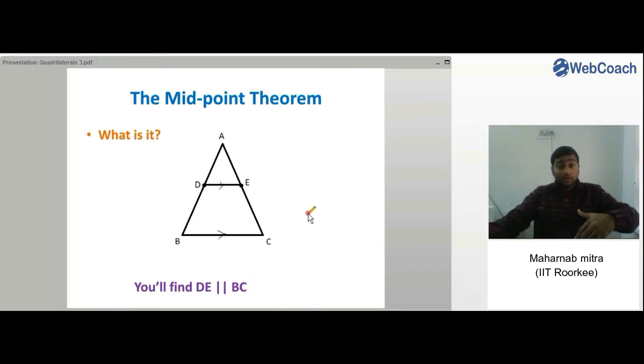This is what the midpoint theorem is based upon. And why is it called that? Because we are joining the midpoints of two sides.